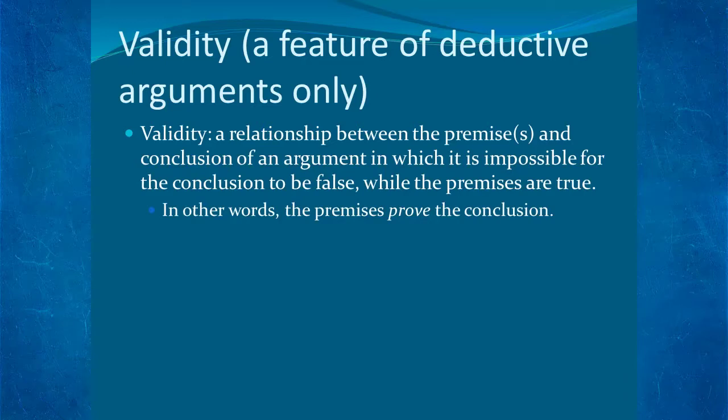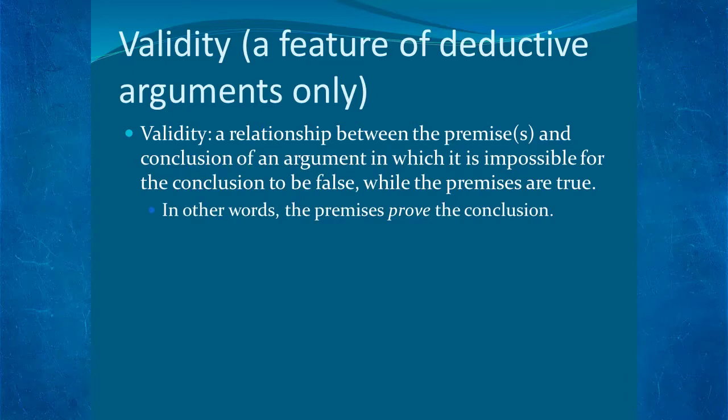The way we evaluate inductive reasoning, as we'll talk about later, is based on strength or weakness. That's the only consideration. But with deductive arguments, the considerations are validity and soundness. So let's talk about those. Validity is a particular condition in which if you assume the premises to be true, the conclusion would follow with certainty.